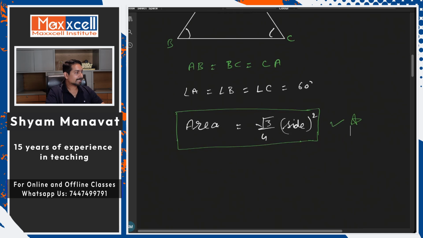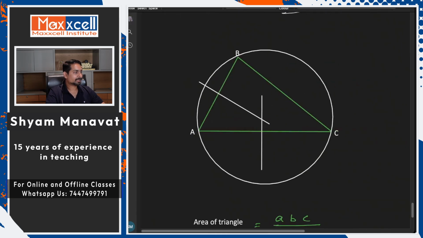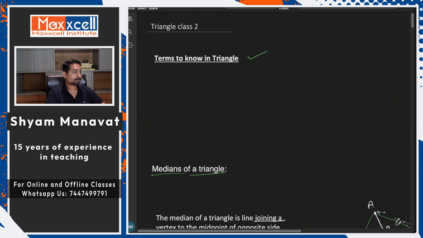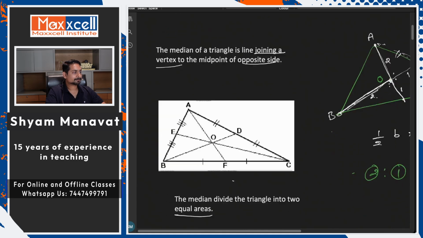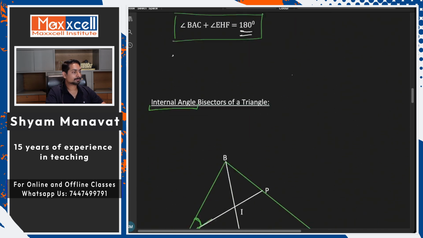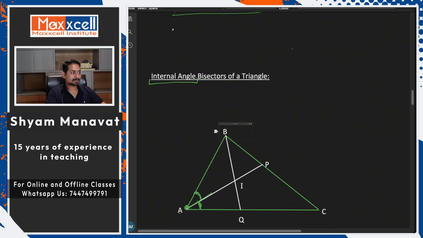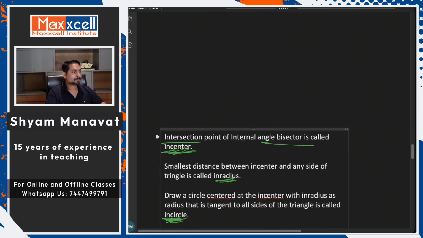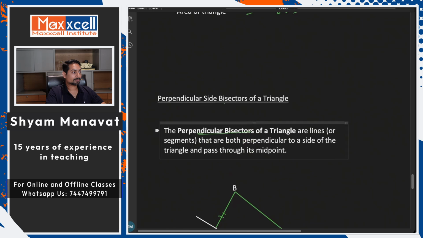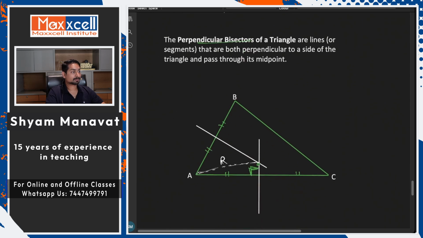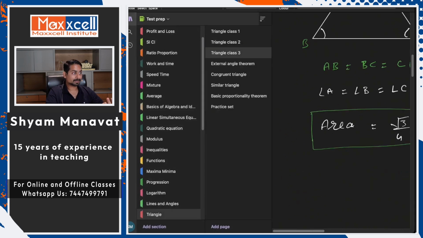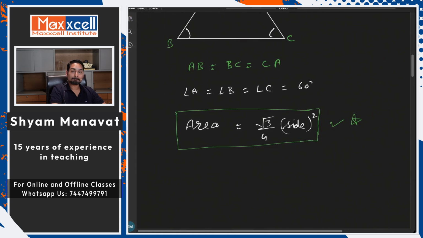You remember in the last lecture we discussed some important terms for a triangle: median, altitude, internal angle bisector, and perpendicular bisector of sides. All of these are the same for an equilateral triangle: median, altitude, angle bisector, and perpendicular bisector.